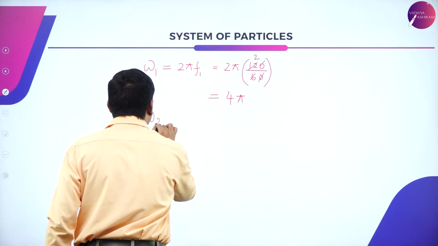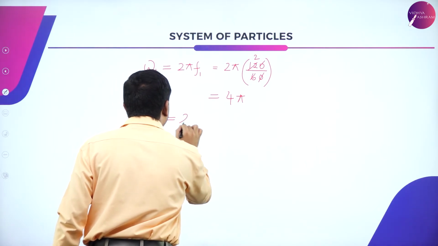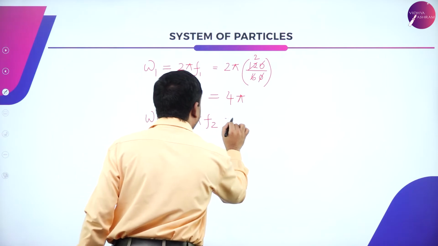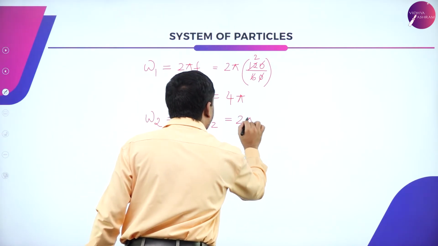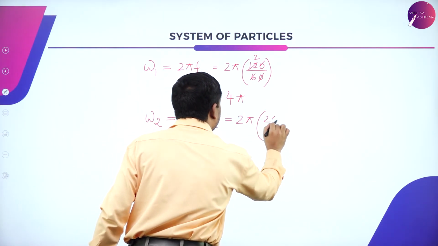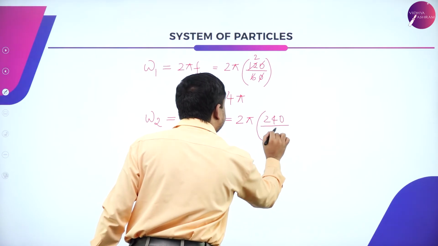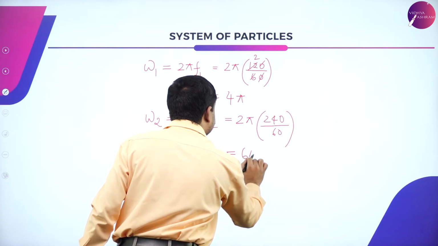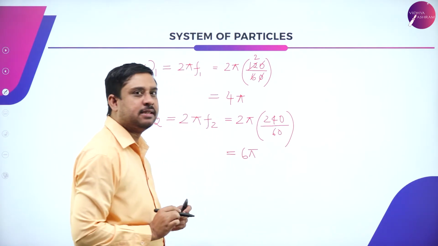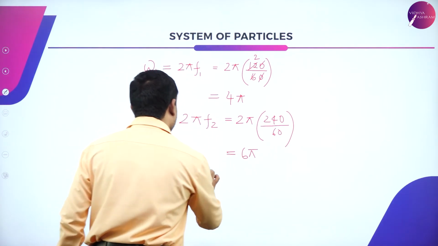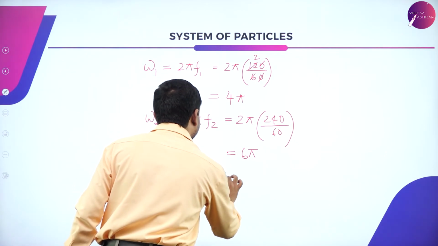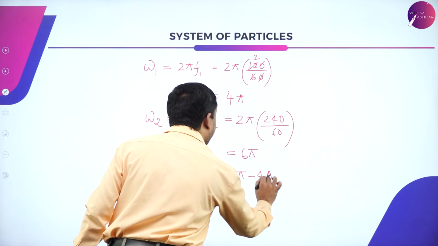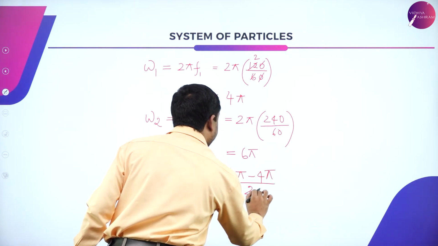Omega 2 is 2 pi f2, 2 pi into 240 by 60, which is 8 pi radians per second. So alpha is 8 pi minus 4 pi divided by 20.